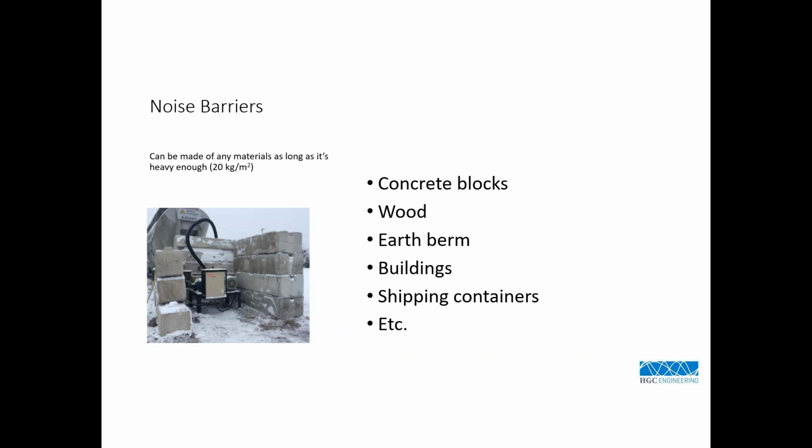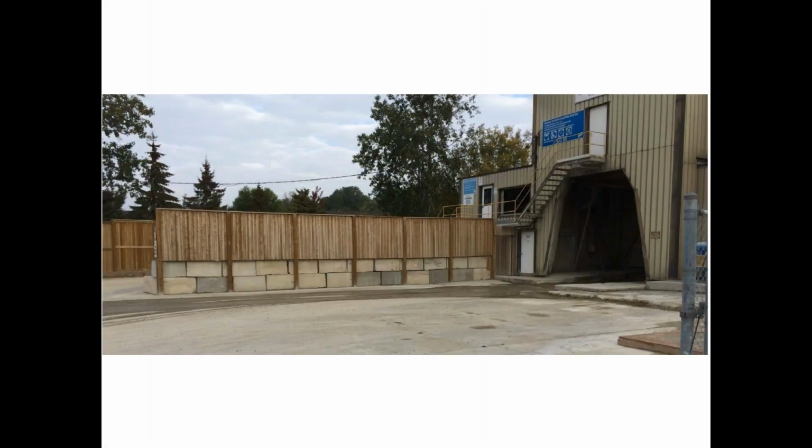It's fairly common to use concrete blocks, which are oftentimes readily available at ready-mix plants, and can be just piled up to whatever necessary height and shape. Here's just for illustration one barrier that I mentioned previously. You can see that it's put together by concrete blocks and wood. Even wood is enough as long as it's heavy enough.